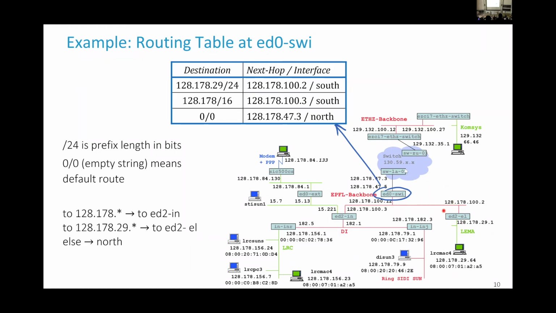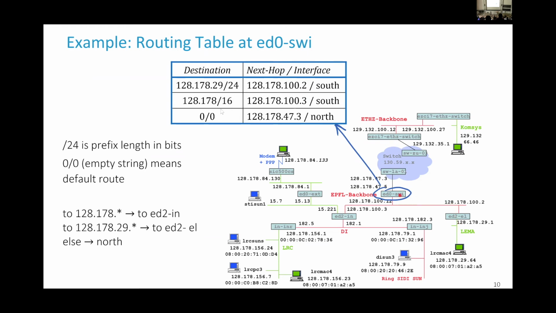It says any packet that goes to that destination, which is this green local area network here, should go via the next hop, which is the address of a router. So the routing tables, the way I wrote them in the previous slide, which was a simplification, were only giving the output. In fact, you'd give not just the interface, but also the IP address of the next hop. So any packet that this router receives that goes for LRC MAC4 will be sent to this router here.